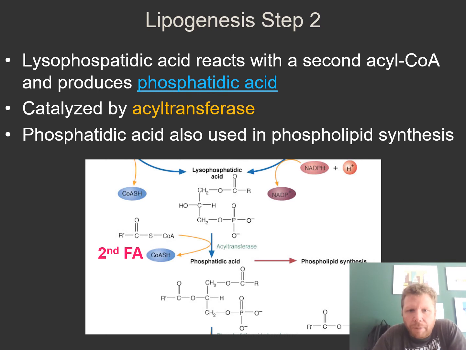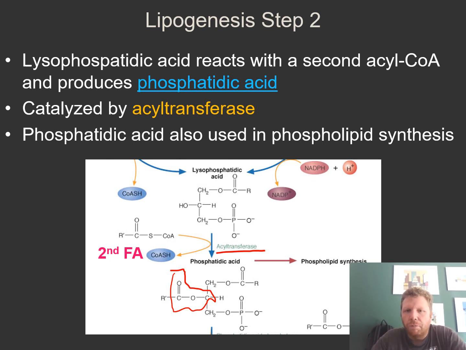The second step is, and keep in mind, we're trying to produce a triacylglycerol. So we've added one acyl group. Now we've got a phosphate group on there. Now what we need to do is use another acyltransferase. So we're going to form another ester linkage right here and add another acyl group.